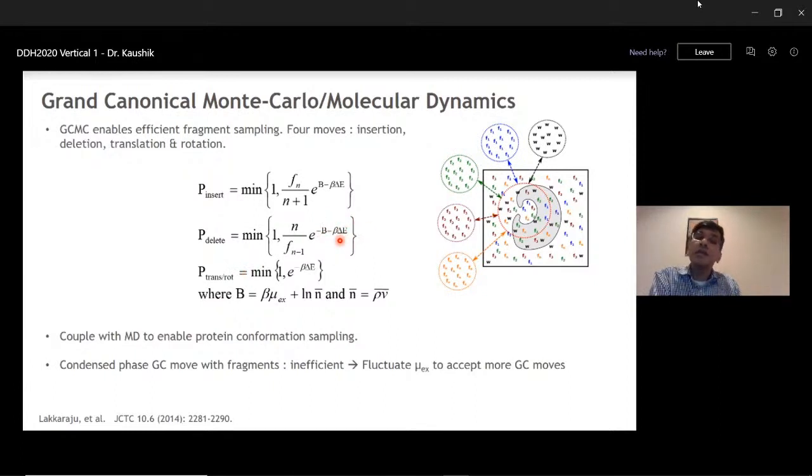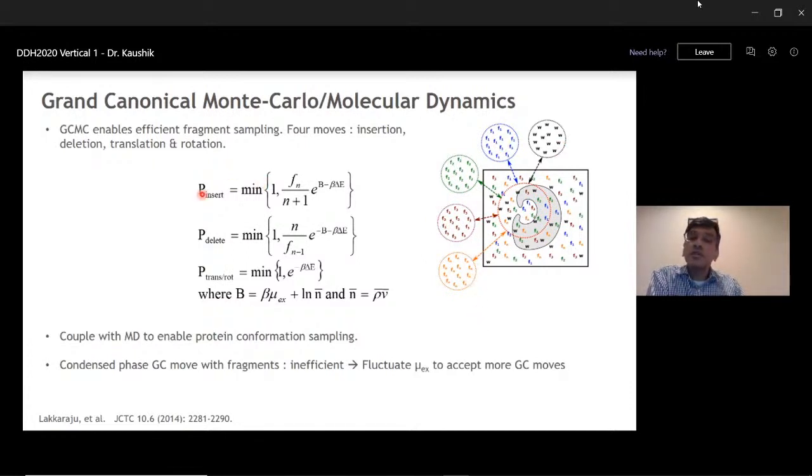And what is delta E? It is the change in interaction energy that a fragment or a probe molecule would feel as it moves between 2 different media. So here's an instance. This is a schematic. In gray is your protein site of interest, and each of these are your fictitious gas phase reservoirs.